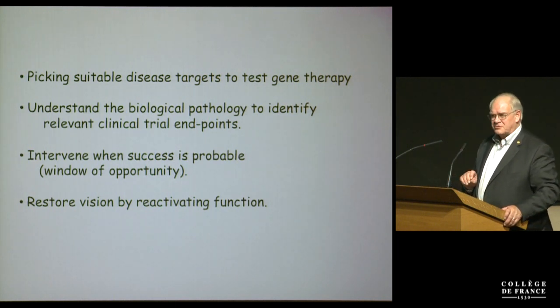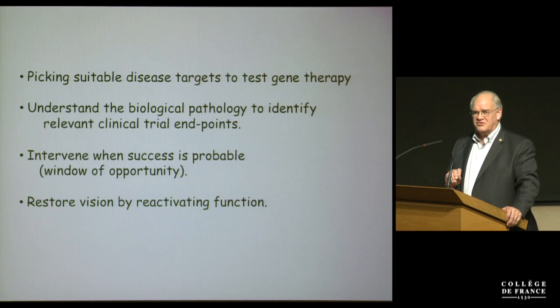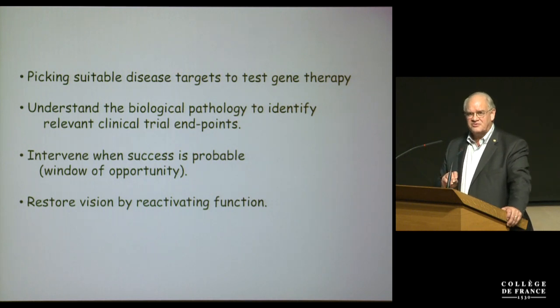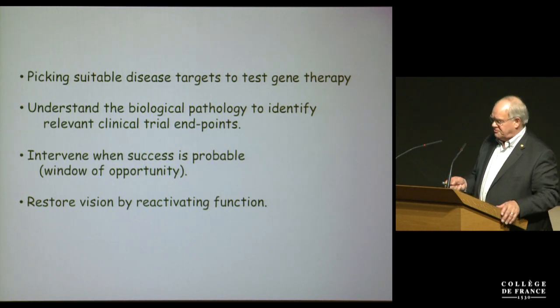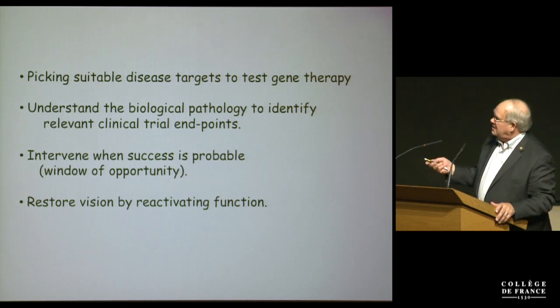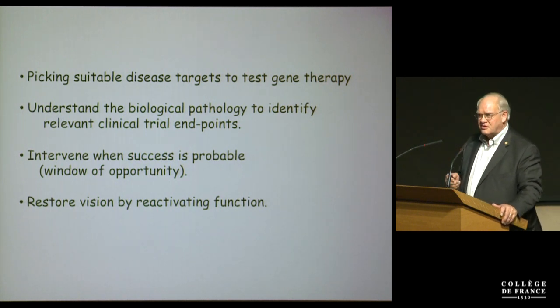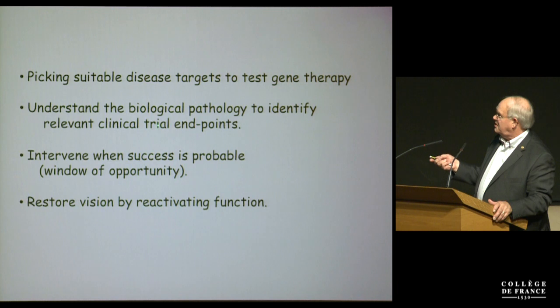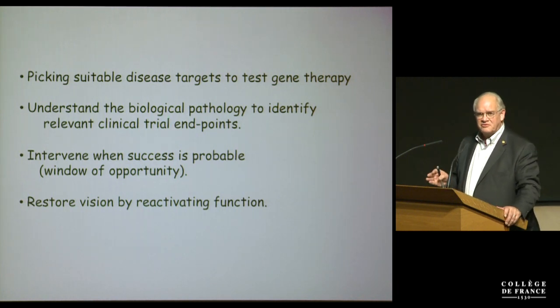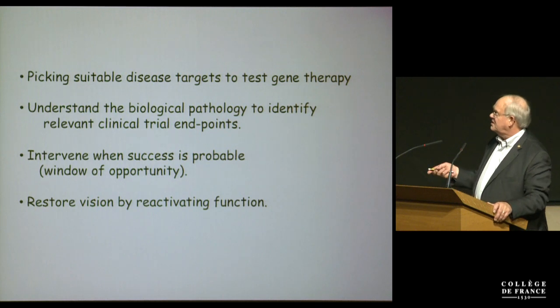Currently, there are about 10 conditions that are being discussed for gene therapy. So what I'd like to show you for the next few minutes is considerations on picking a disease suitable to do gene therapy with. My deep feeling is that one has to understand the pathology of these diseases in order to intervene successfully.